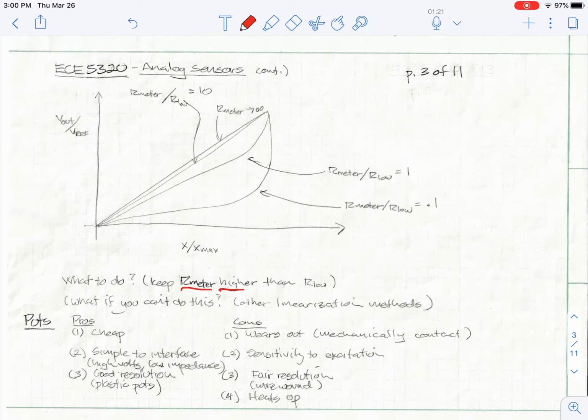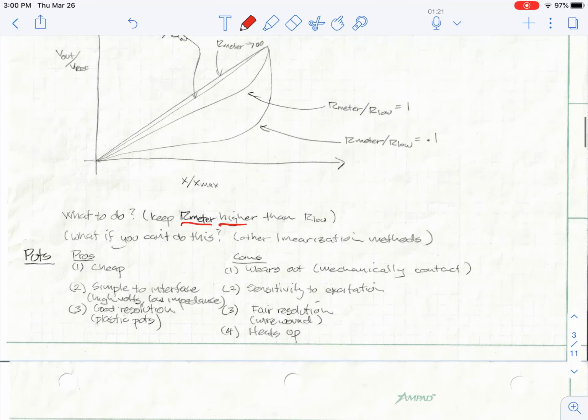And what do I do? I have to keep R meter higher. And what if you can't do this? You may have to go to some sort of linearization method in order to fix the problem. One of the things I have to be concerned about if I'm using a microcontroller and the A to D converter is that the A to D converter on typical microcontrollers may have an input impedance of only 1 kilo ohm.